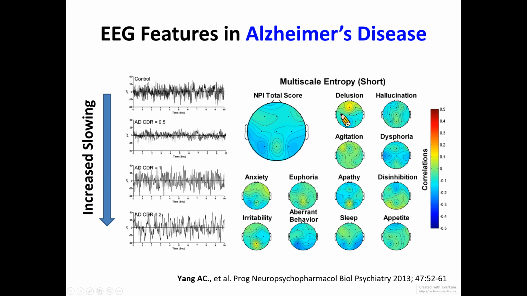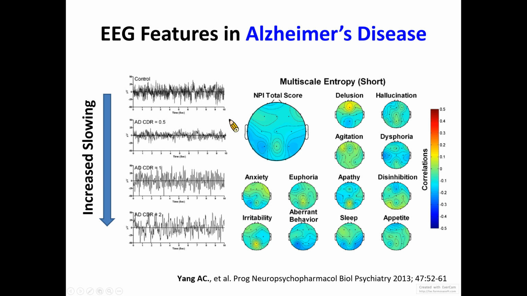We have previously published a paper showing that patients with Alzheimer's disease have a very significant EEG slowing according to the severity of the disease. For example, this is 10 seconds of EEG in a case of mild cognitive dysfunction, this is the EEG in patients with mild Alzheimer's disease, and this is moderate Alzheimer's disease.